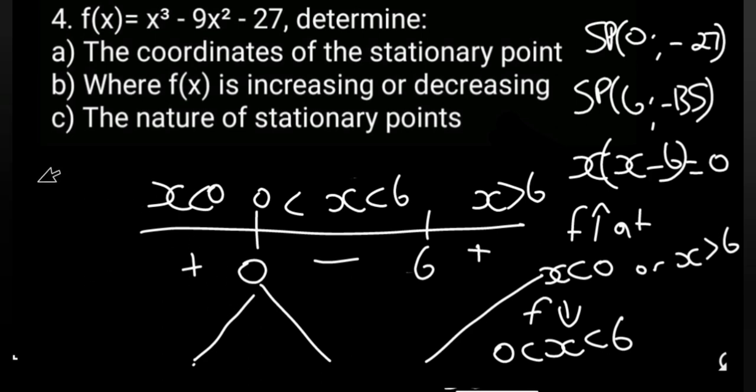The other stationary point is a local minimum because the function is decreasing at the left and increasing at the right. That's how you apply the first derivative test to determine whether the function is increasing or decreasing.